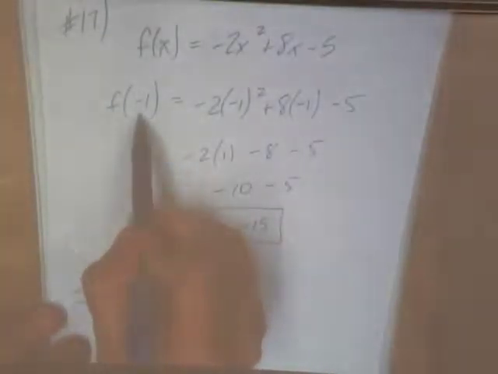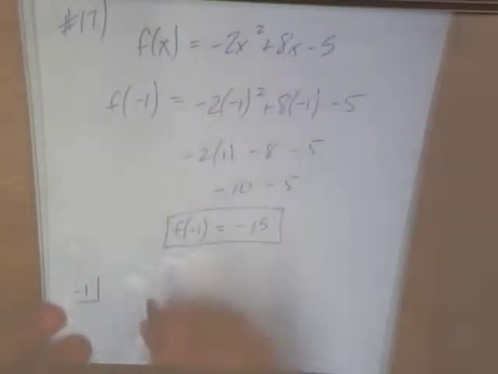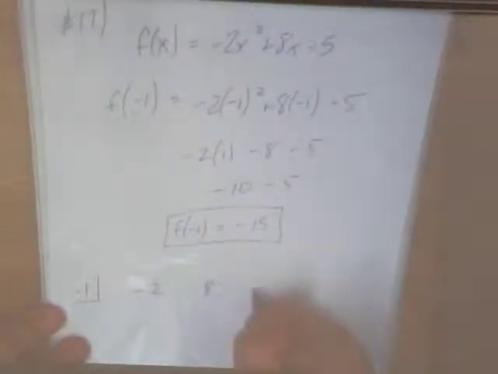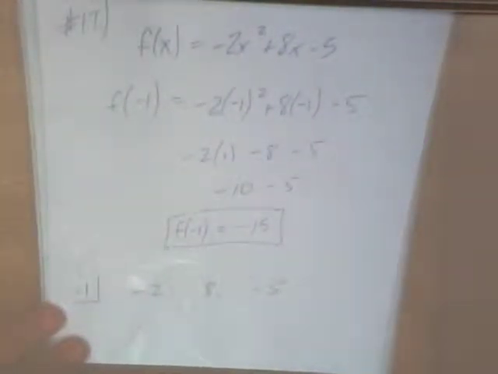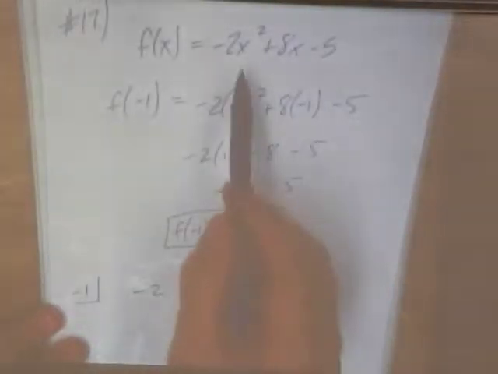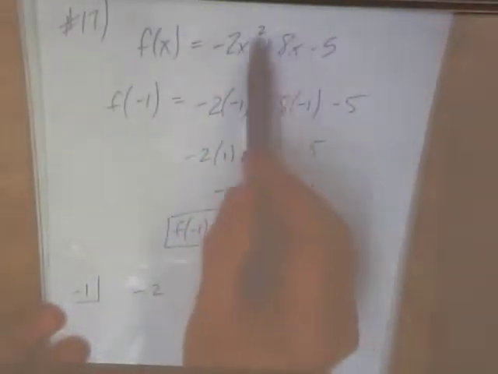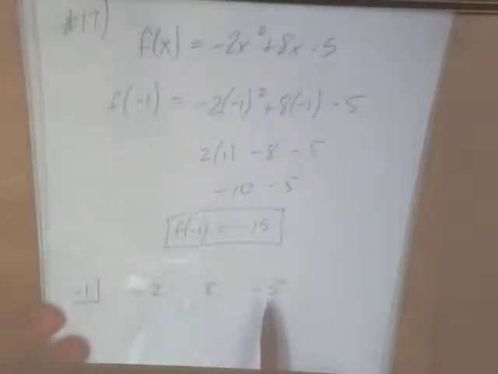Make sure if you're doing these f of x problems and you want to do synthetic division, you actually plug in that value in the box. We'll bring down the coefficients, -2, 8, and -5. Be careful when you're putting down the coefficients. Make sure you're not missing any terms, because you have to include the zeros if you are.